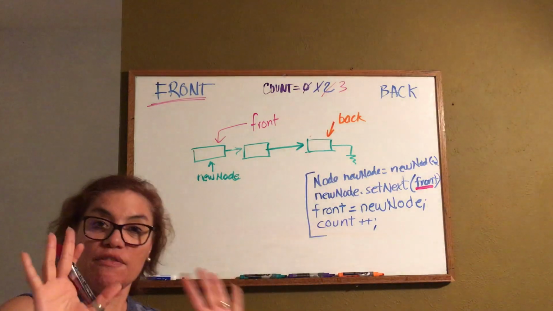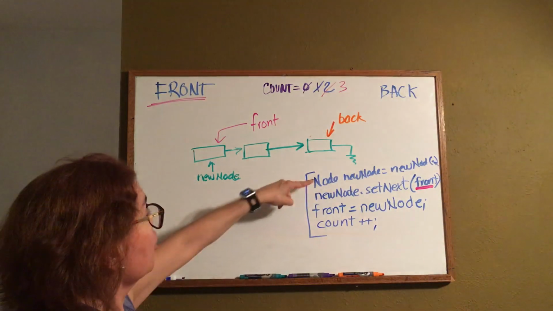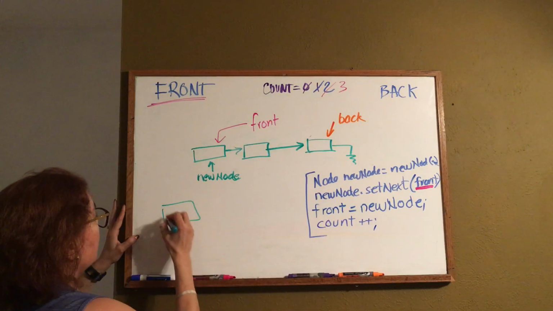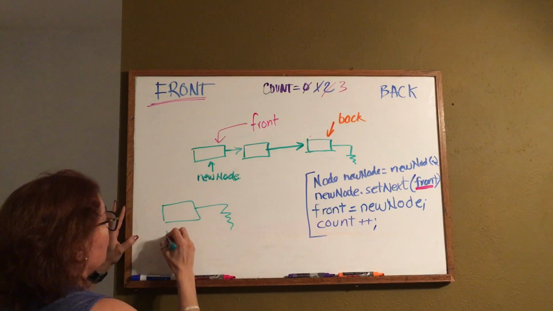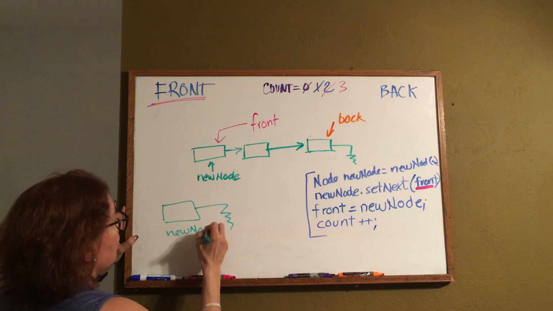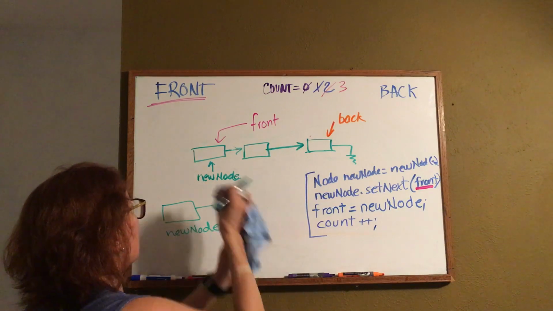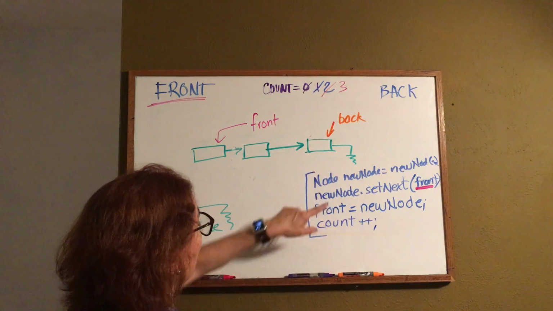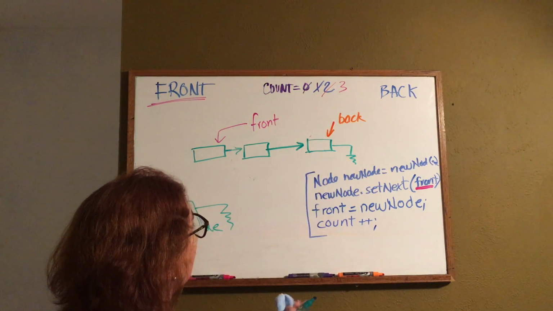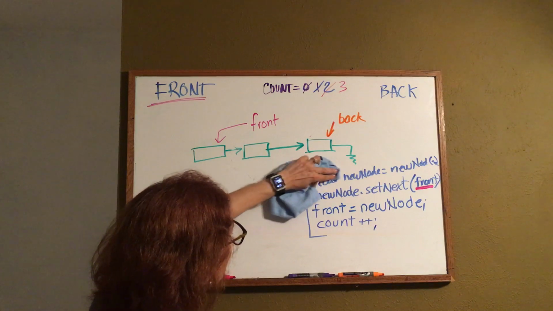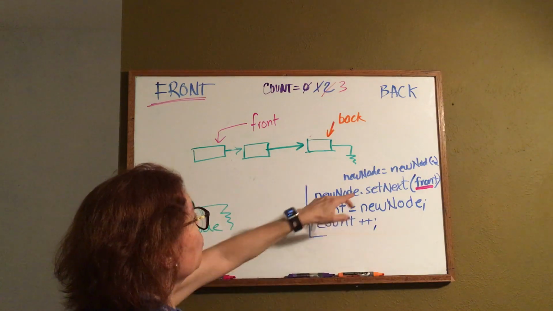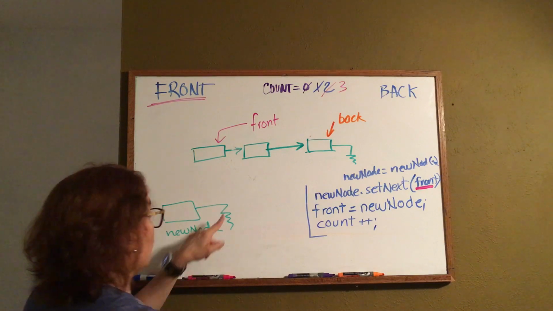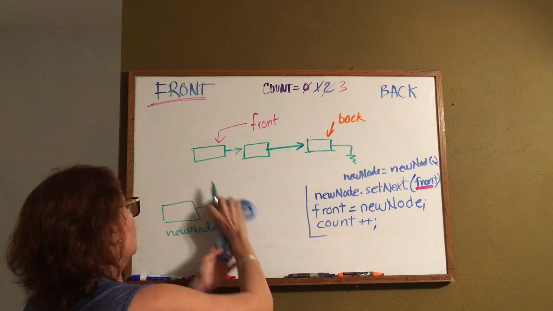So just for kicks, let's do it again. Node new node equals new node, so I'm going to write it right here. And new node is no longer here because I just reassigned it, right? And when I do it again, new node dot set next to front. Remember, I'm going to move the arrow to the front.